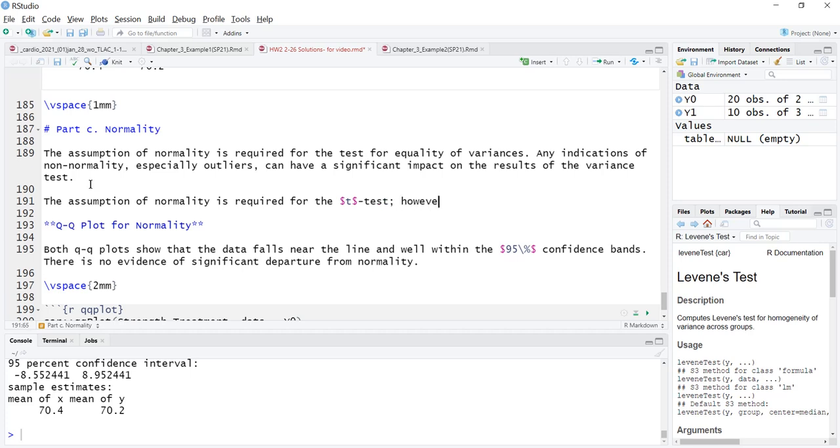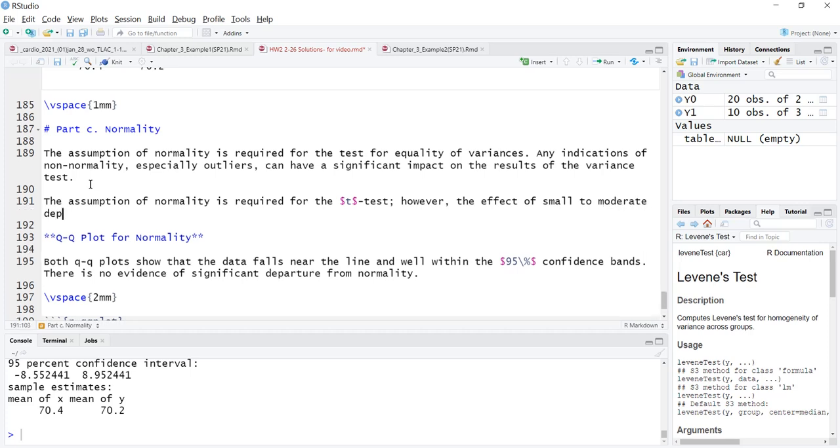However, the effect of small to moderate departures from normality has only a small effect on the results of the t-test.